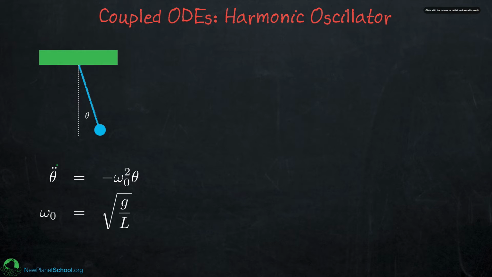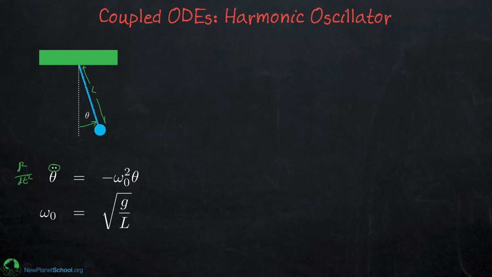Now notice I'm using the dot notation, where the 2 dots means second derivative with respect to time. Again, I'm not trying to confuse you, but you might actually be writing your equations this way. And instead of y, I'm calling it theta, because now I'm very much thinking about it as this angle. That's important. And for a physics example, omega naught, if you're doing physics, might be the square root of the acceleration of gravity divided by the length of the pendulum.